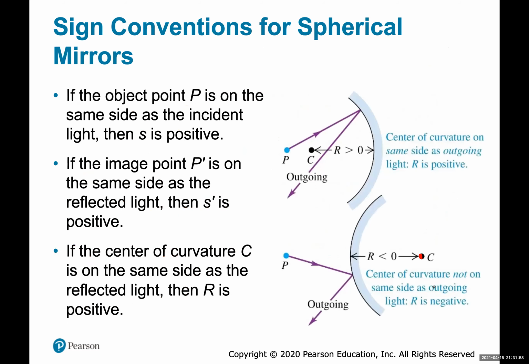We have a slightly different version. If we are told about the radius of curvature, we can use the version that's in the red box. If we are told about the focal length of the mirror, then we can use that slightly different version.